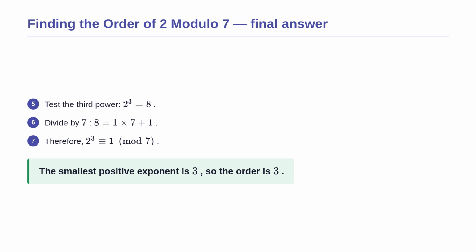Since 3 is the strictly smallest positive exponent that results in a remainder of 1, the order of 2 modulo 7 is exactly 3. Physically, this means the powers of 2 will repeat in a cycle of 3 forever. If you ever need to find a massive power like 2 to the power of 300 modulo 7, you know the remainder will just be 1 because 300 is a perfect multiple of our order 3.